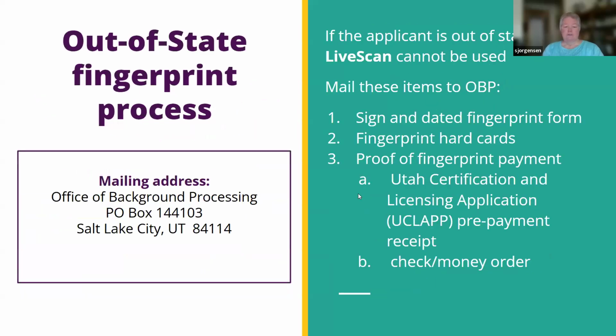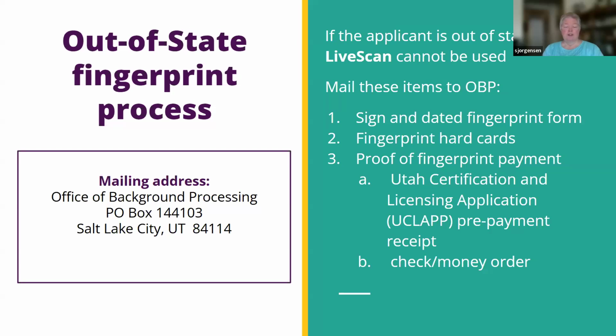On occasion you have somebody who lives out of state, and this is one of the questions: how do you get their fingerprints? Well, first of all, you need to get permission that we can accept out of state prints. What would happen at that point is they would get their prints done out of state. They would mail in their live scan form that they sign. That's really important.